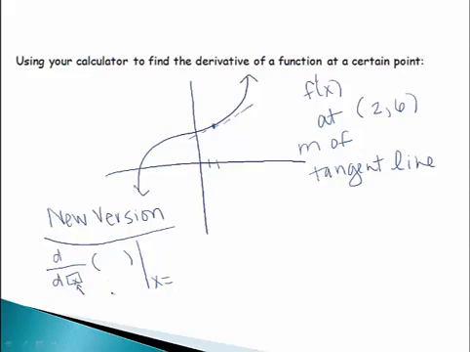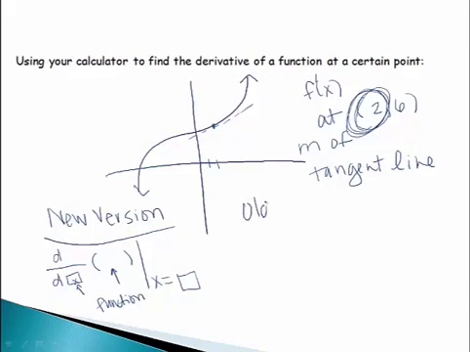If we're doing these on paper, we would pick the variable with respect to t or respect to x or with respect to anything. And then in here you're going to put in your function, and they're going to have a slash already for you, and it's going to say x equals. Right in this spot you need to tell the calculator at what x value you want it to find the derivative for you. So you're going to have to put in that value.